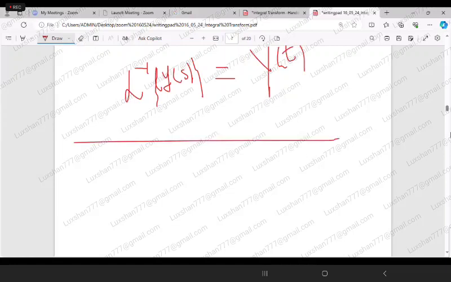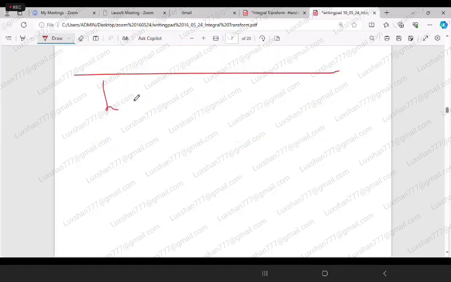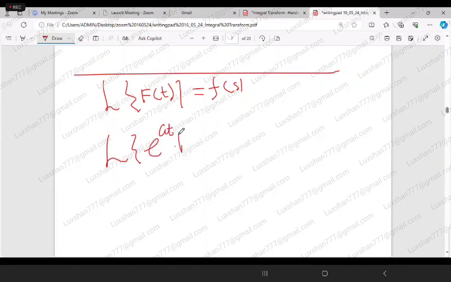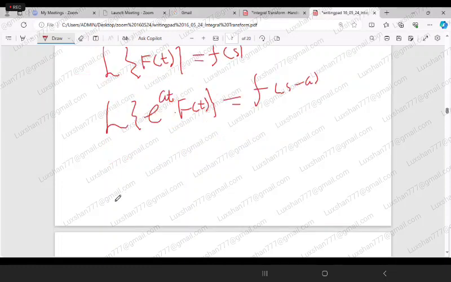So look here. If the Laplace transform of F(t) equals F(s), then the Laplace transform of e to the power a t times F(t) is F(s minus a).